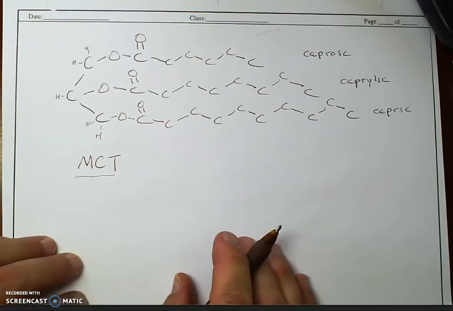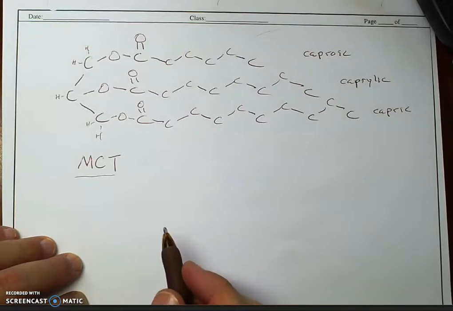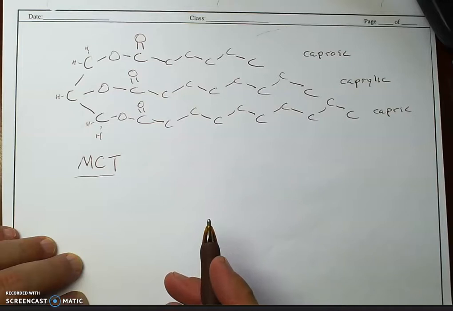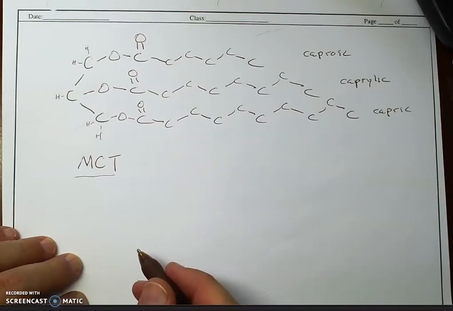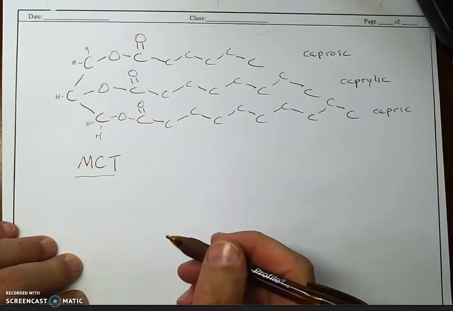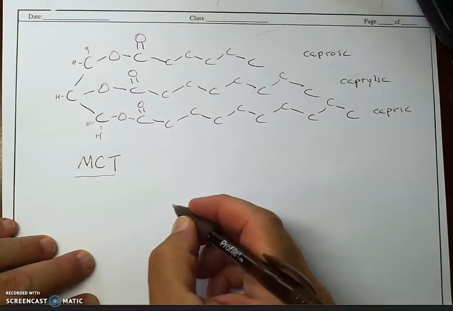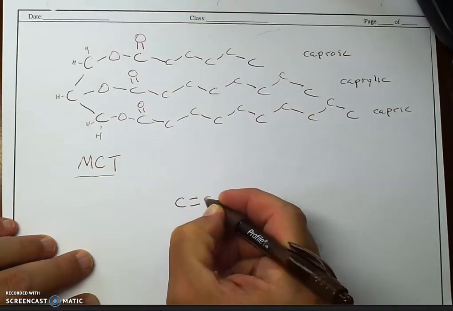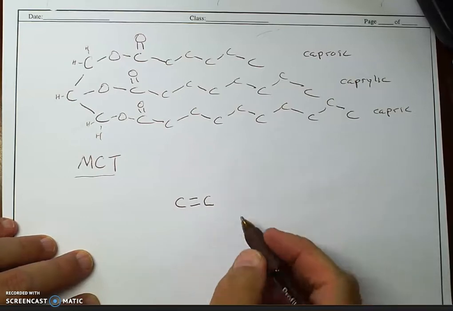I want to address a couple of other things here while we're at it. I've already gone into cis and trans in another video, a previous video. I want to point this out. When I drew cis and trans for you the first time, we had a couple of carbons.